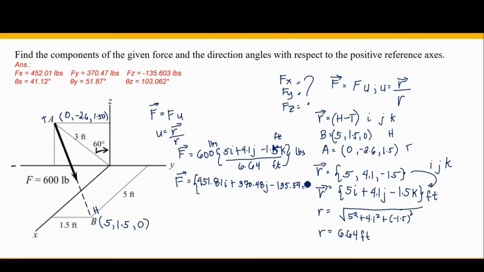So don't forget the units. So this is in pounds. So meron na tayong force vector.